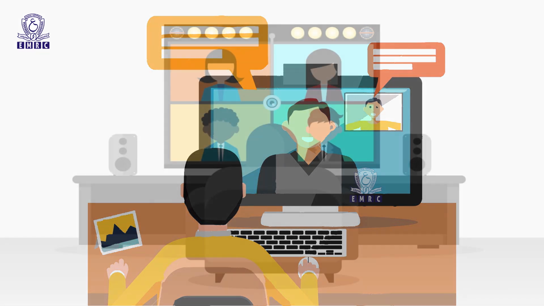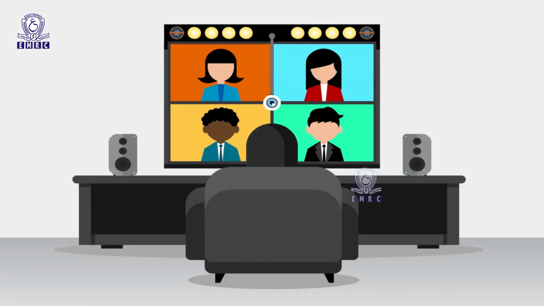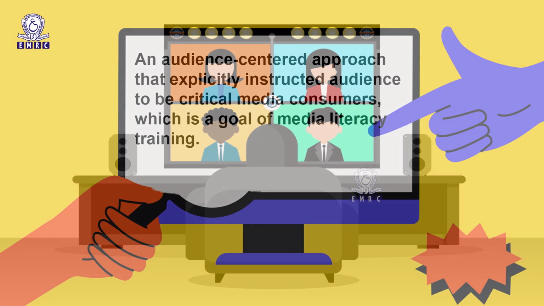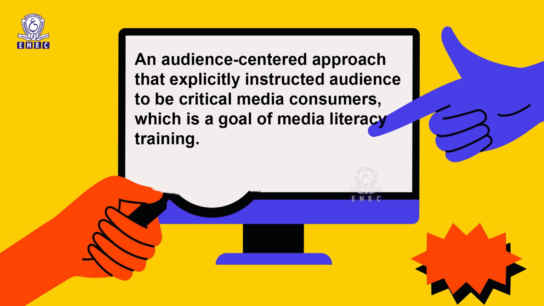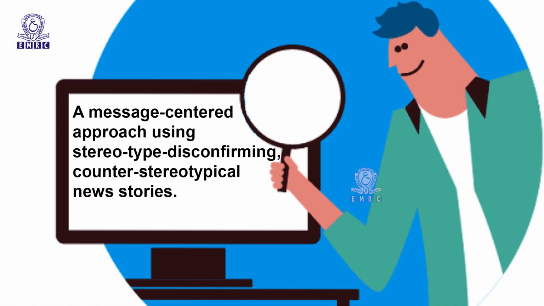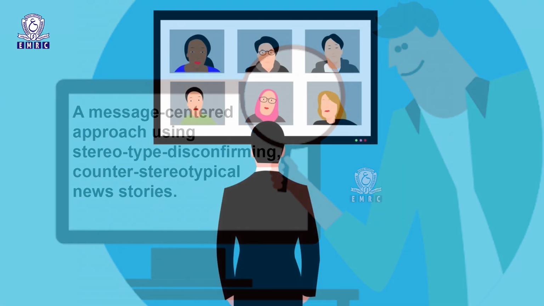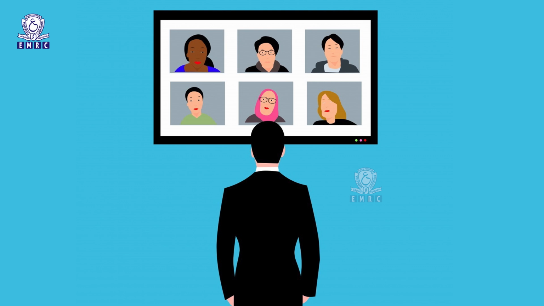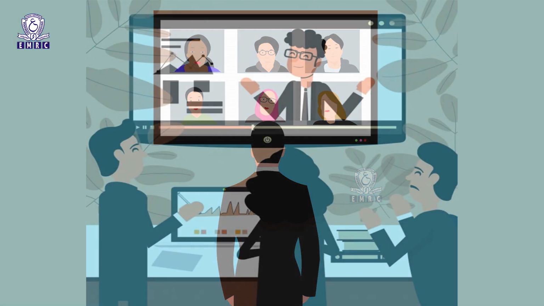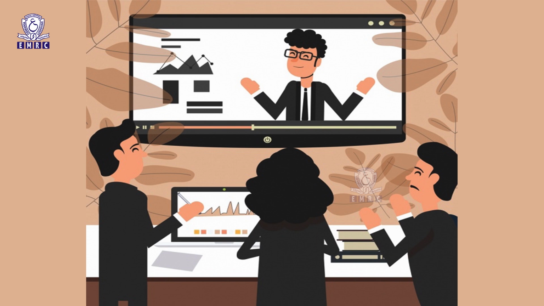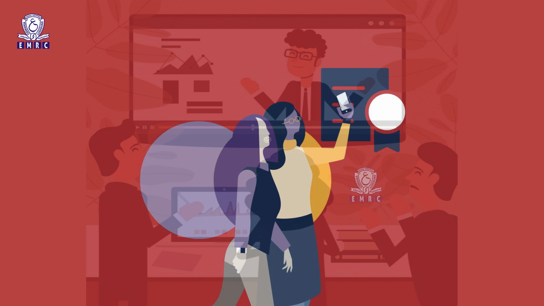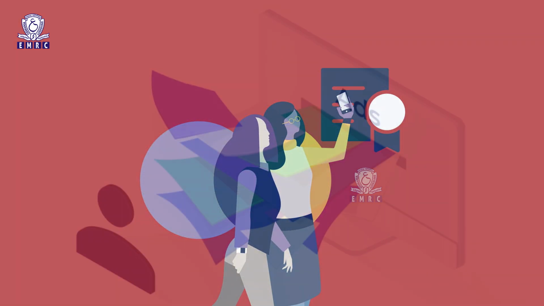It examined experimentally the effects of 2 strategies for reducing stereotype accessibility: an audience-centered approach that explicitly instructed the audience to be critical media consumers, which is a goal of media literacy training, and a message-centered approach using stereotype-disconfirming counter-stereotypical news stories. Participants viewed either a literacy or control video before reading stereotypical or counter-stereotypical news stories about African Americans or Asian Indians.